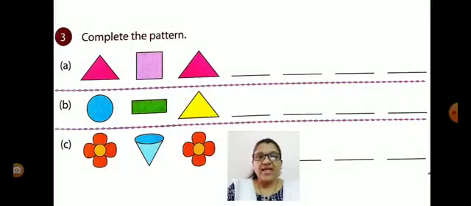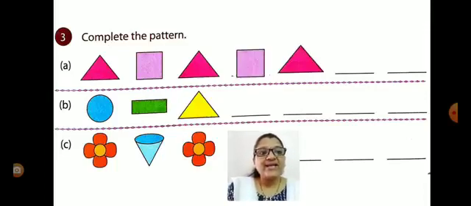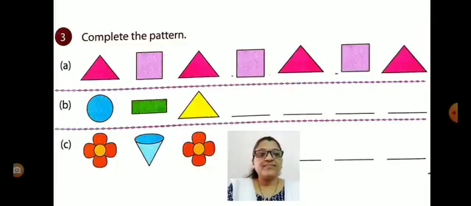Yes, again we see here patterns. Question number 3. Complete the pattern. In the first example, it is given triangle, square, triangle. So what will be the next? Yes, square, triangle, square, triangle. Next example B, circle, rectangle, triangle.